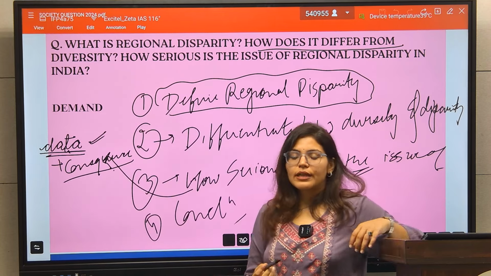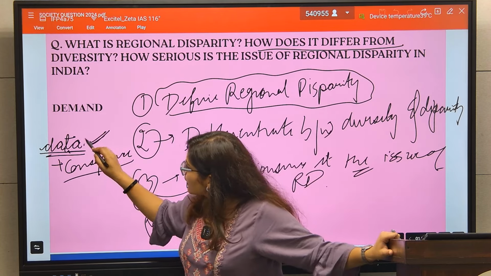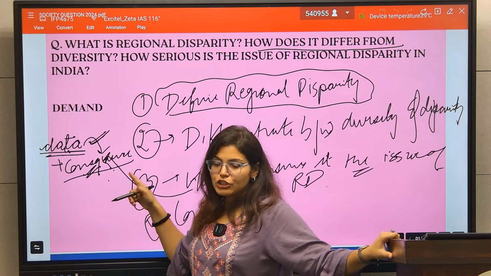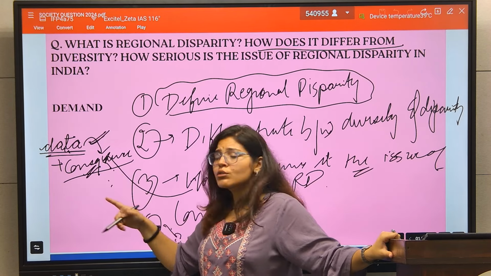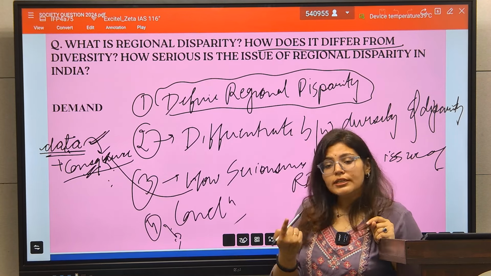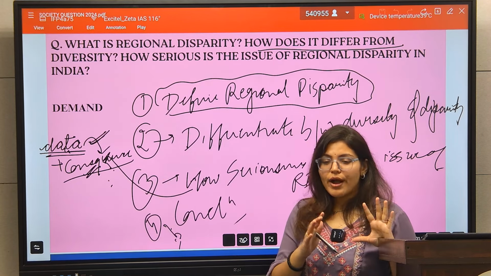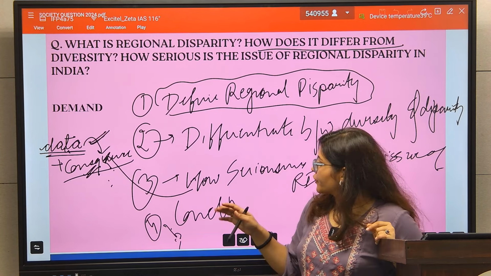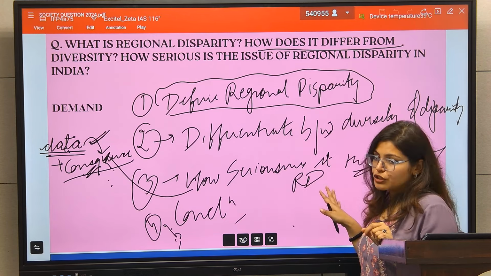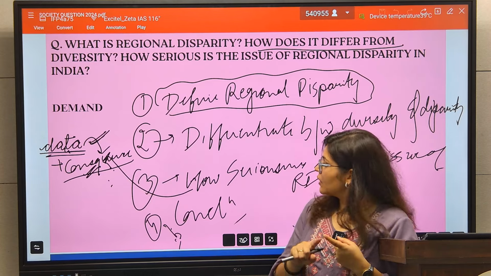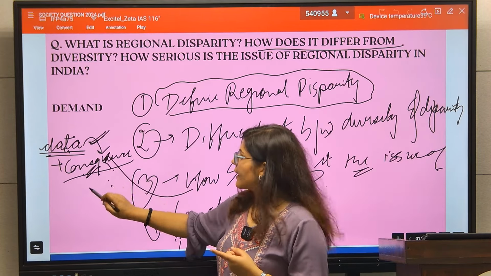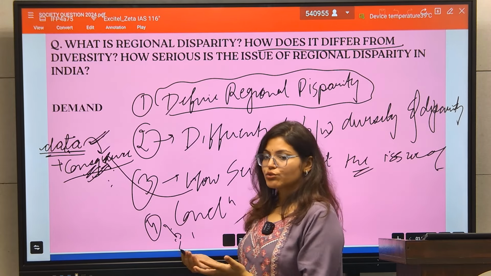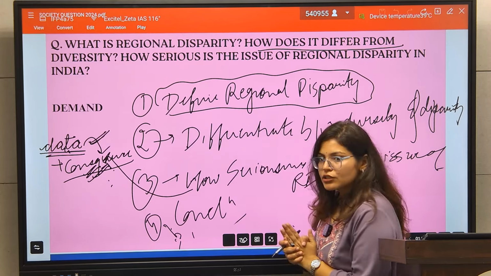You also have to tell that yes, this is serious, and due to that these are the consequences of that issue. So you have to generate points keeping in mind that first I have to remember the data, and second point is about the consequences. So in this way you have to show the seriousness, and then the conclusion part.